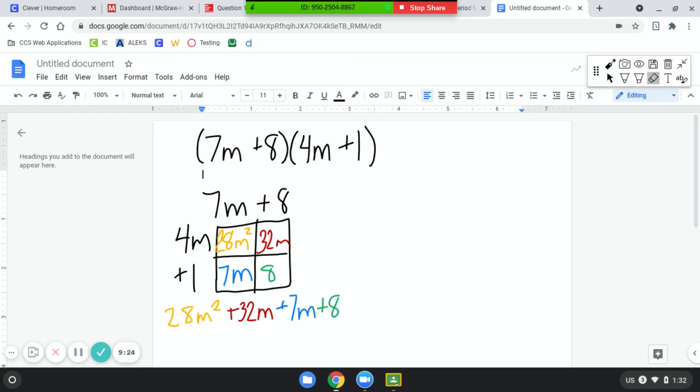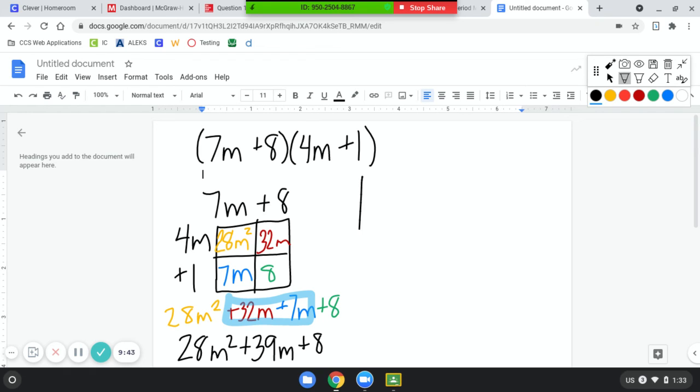I'm going to combine the like terms, these two m terms that are the same. So my answer is going to be 28m squared plus 39m plus 8. Right? So this is what I consider the box method.